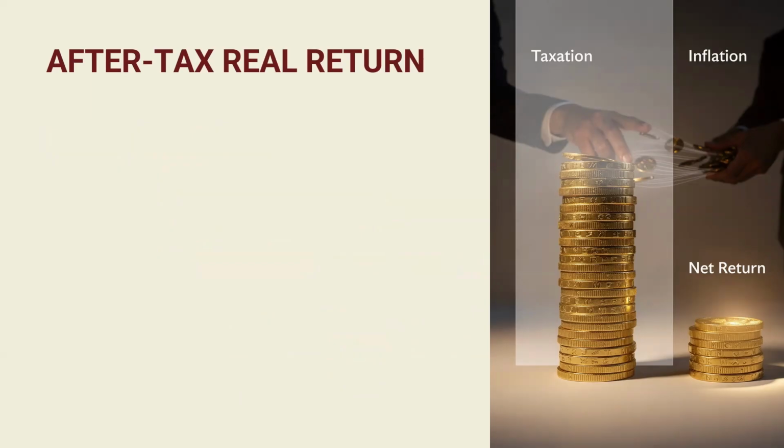Now first let's discuss after tax return, and then we'll see after tax real return. So we first calculate the after tax nominal return, then we adjust for inflation, and then we get the after tax real return. Let's take an example.